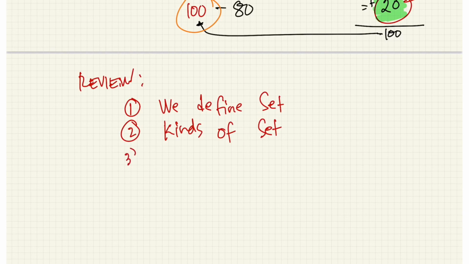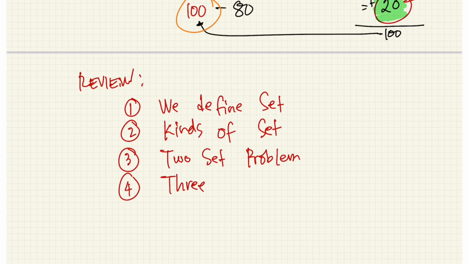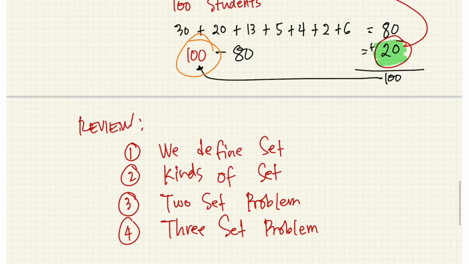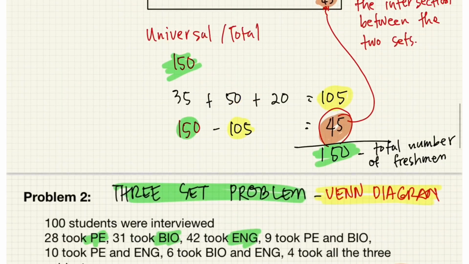The third one is we do a two set problem. And the fourth one, we have the three set problem. So these are the four things we discussed today, all about sets.